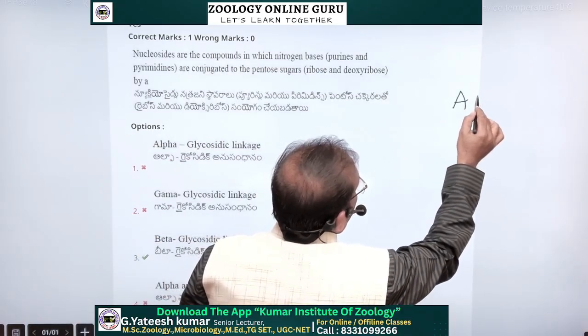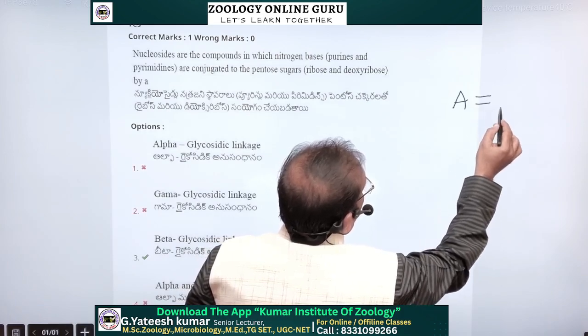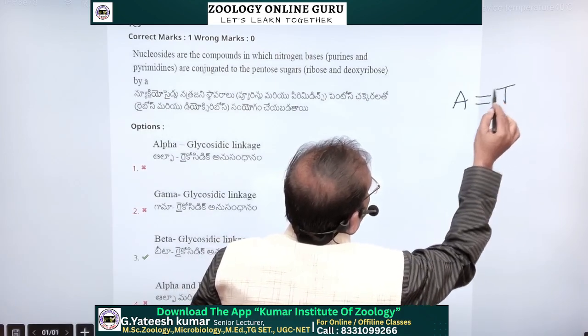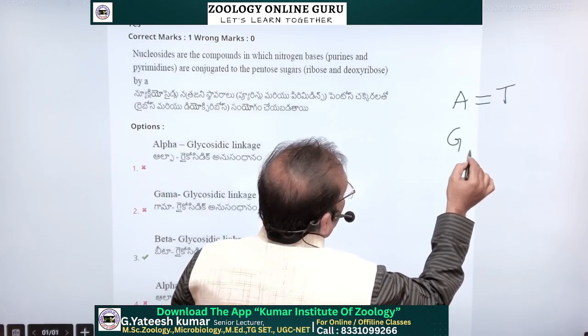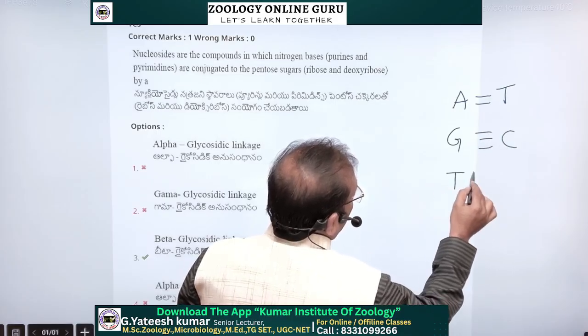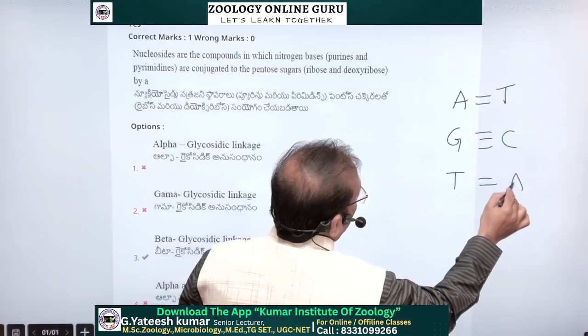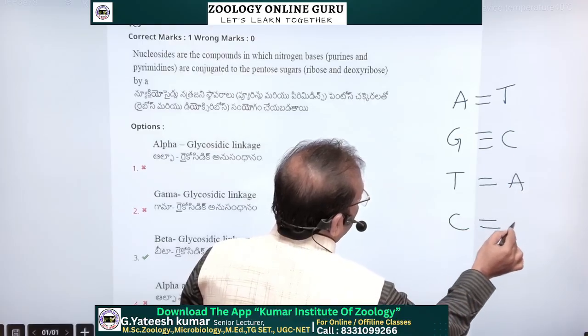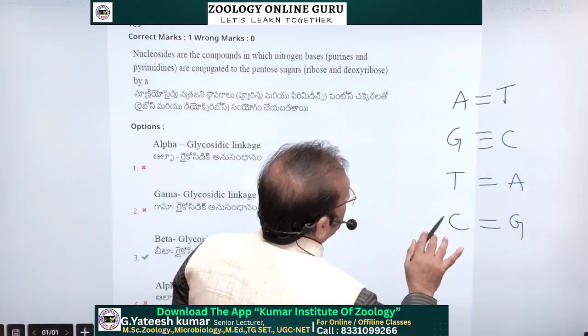Adenine with a double bond with thymine. G, C, T with A and C with G. This is the sequence.